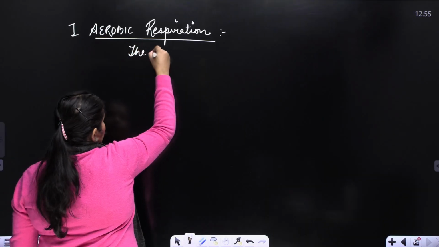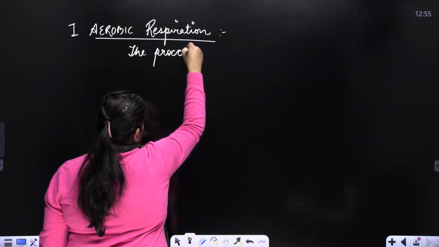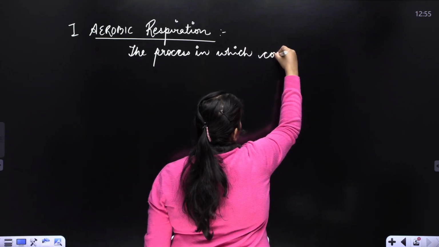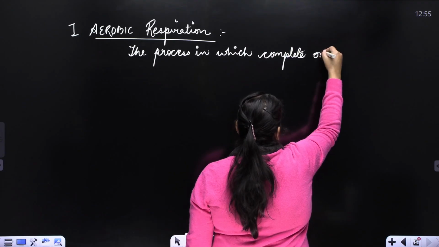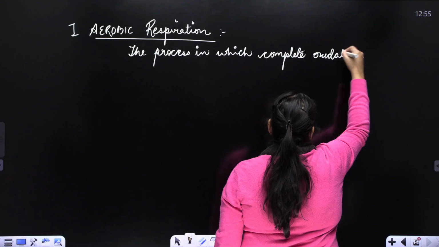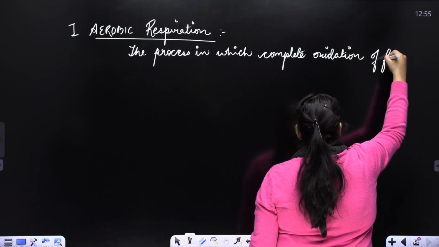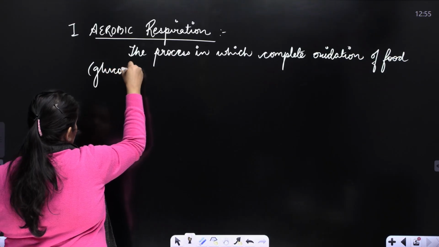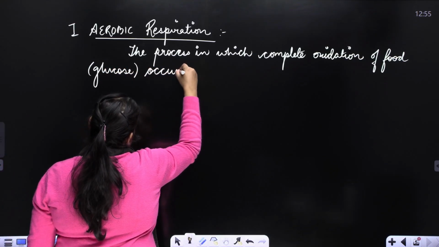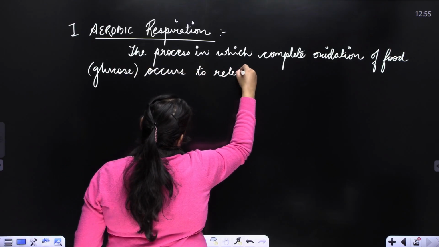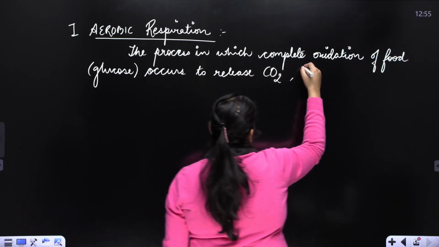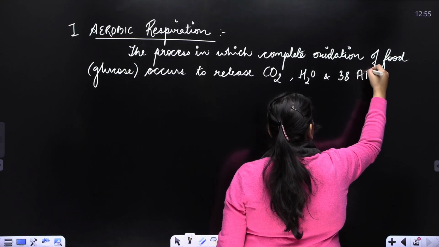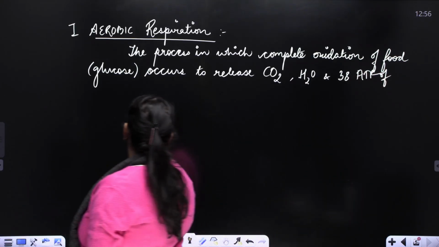The process in which complete oxidation of food, in the bracket you can write glucose, occurs to release carbon dioxide, water, and 38 ATP of energy.